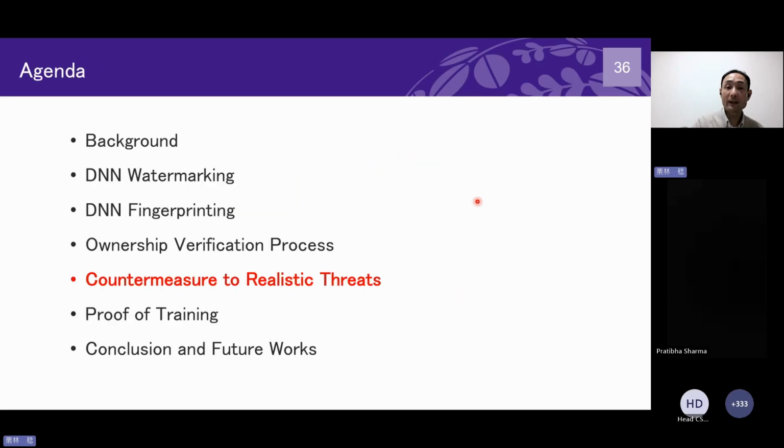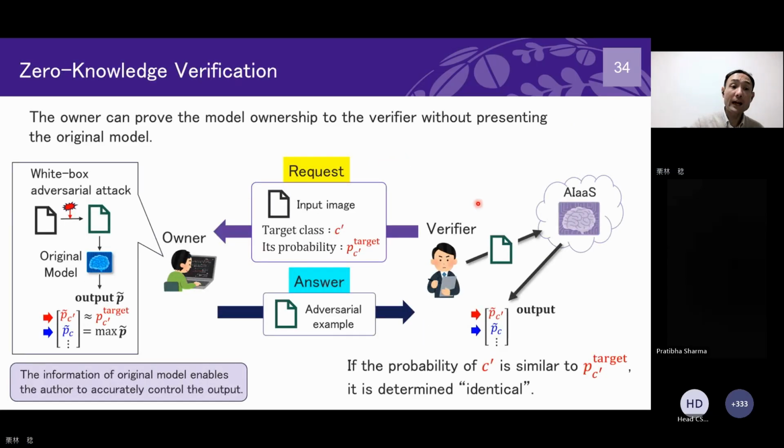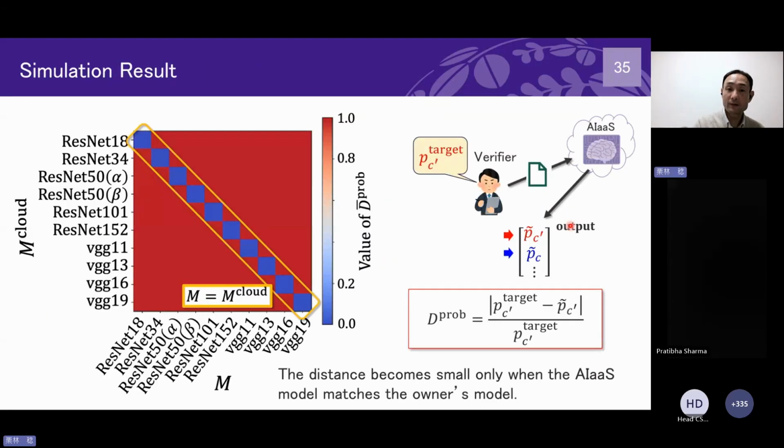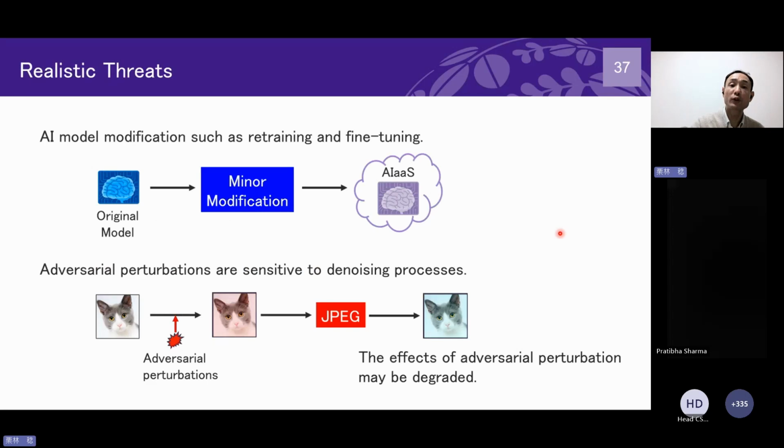So I mean, the adversarial perturbation is not always valid for a different version of the model. But in this case, there is a restriction: the original model is slightly modified. In such a case, the model is still identified.